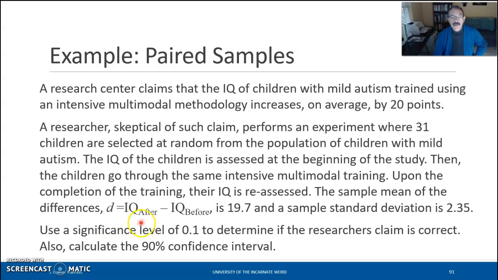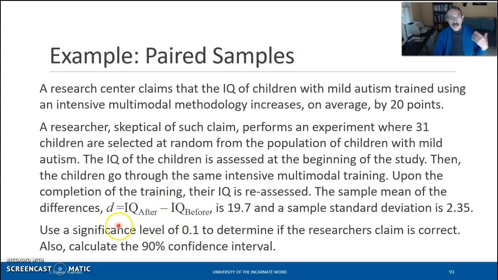Now, it's important to notice that in this type of problem, you have to be careful about how the difference is created, because the researcher could equally have said that the difference is the IQ before minus the IQ after. So you need to track how the difference was calculated, because this is going to be important in the interpretation of the results.